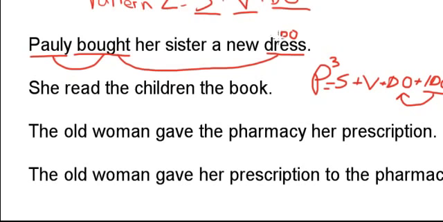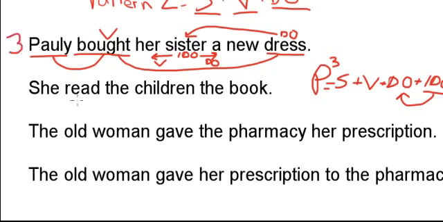Is there anybody receiving that dress? Yes. Sister did. That's the IDO. The IDO will always be between the verb and the DO. Always, always, always. That's where the indirect object will always be. Because this has an indirect object, this is pattern number three.